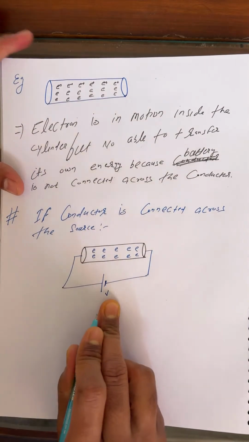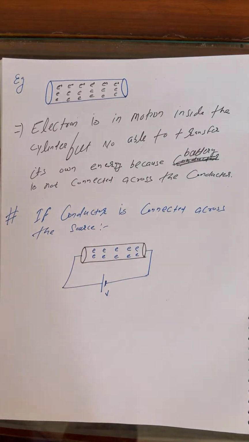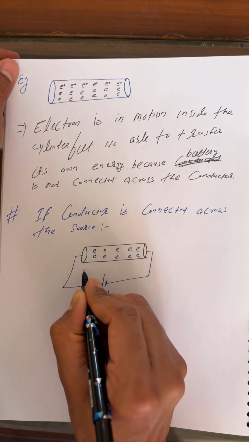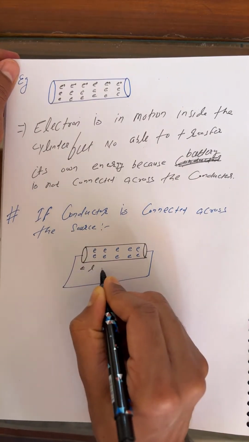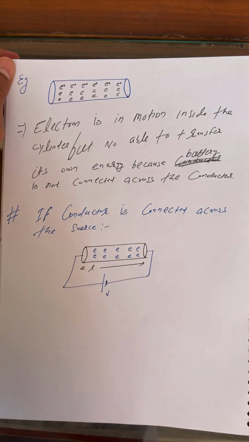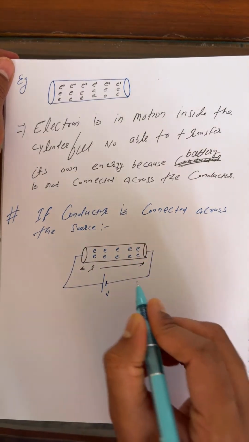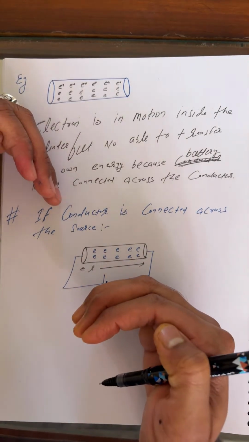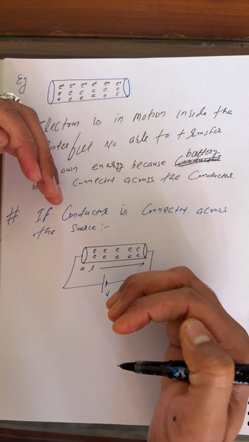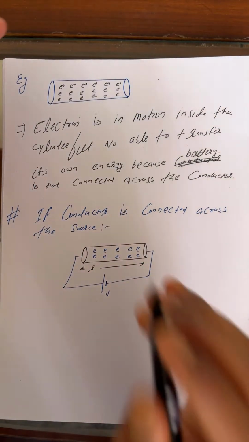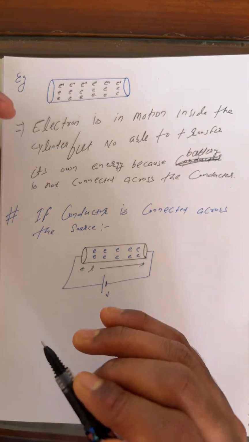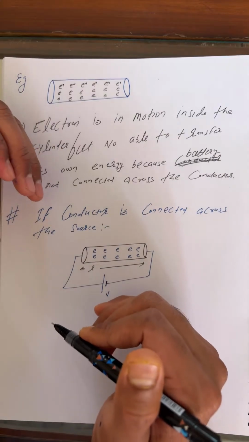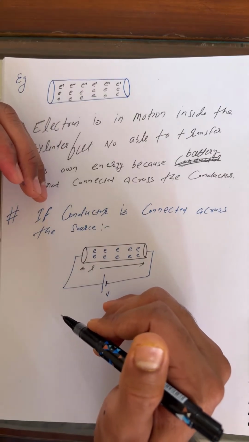V is the battery EMF, or the potential of the battery. L is the length of the conductor. I hope all of you remember this basic point: the electric field direction is opposite to the direction of motion of the electron.